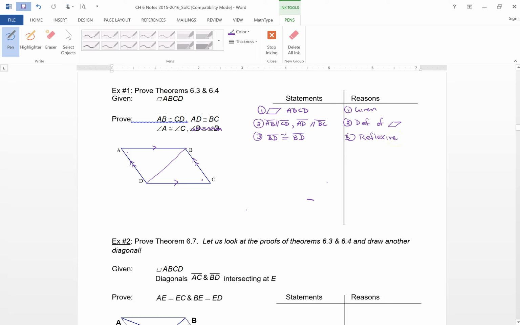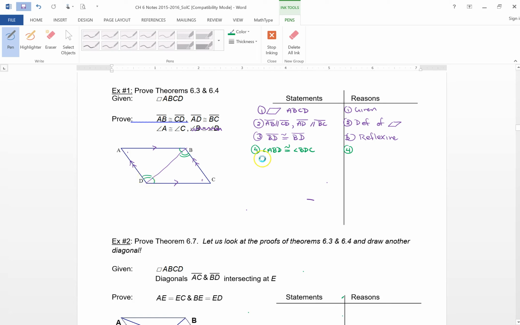Okay? Now, I have two parallel lines here and a transversal. That means that this angle is congruent to that angle because of alternate interior angles. So I say angle ABD is congruent to angle BDC, and this angle and this angle are congruent.